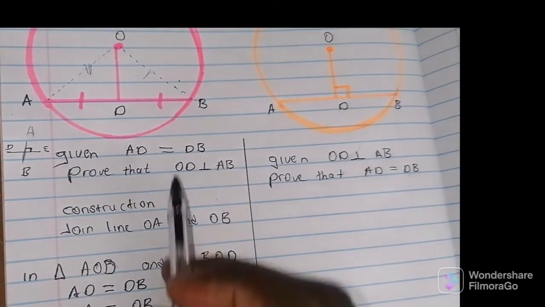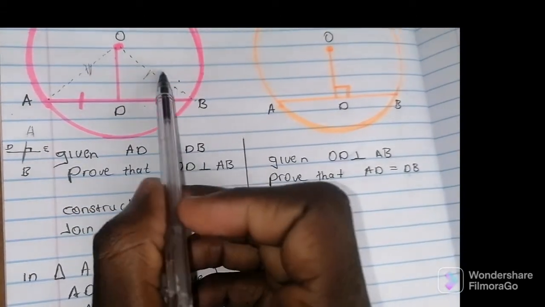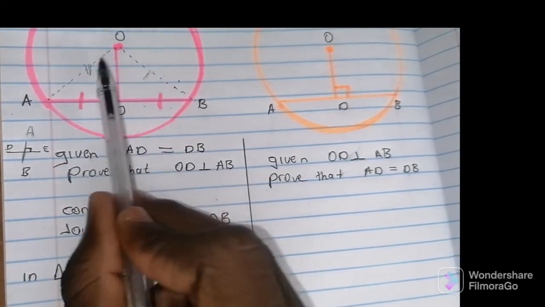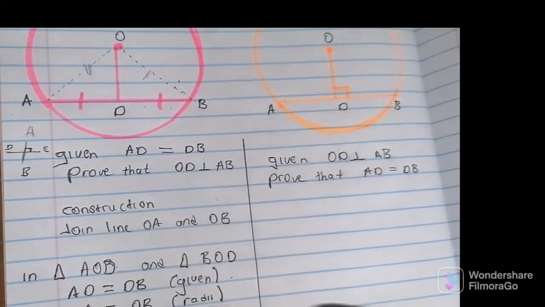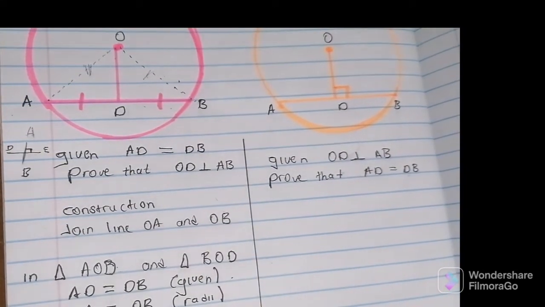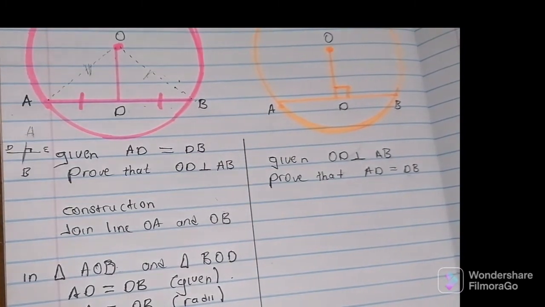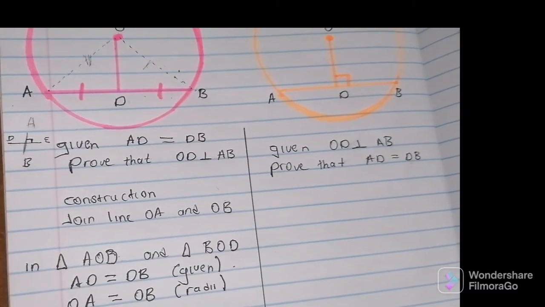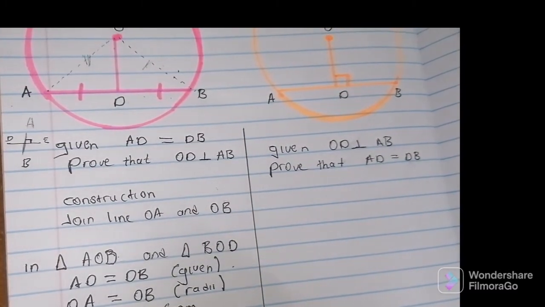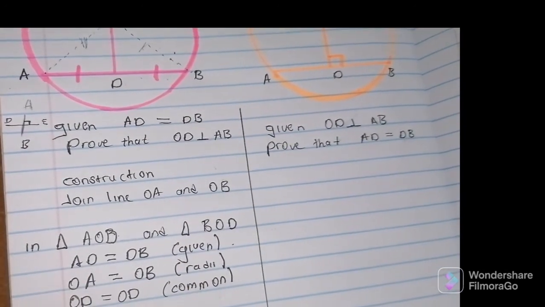So we already used this side and this side. What about this one? OD is equal to OD, because it is common to both triangles. If you split these triangles, OD is common. OD is equal to OD, it's common in both, guys.